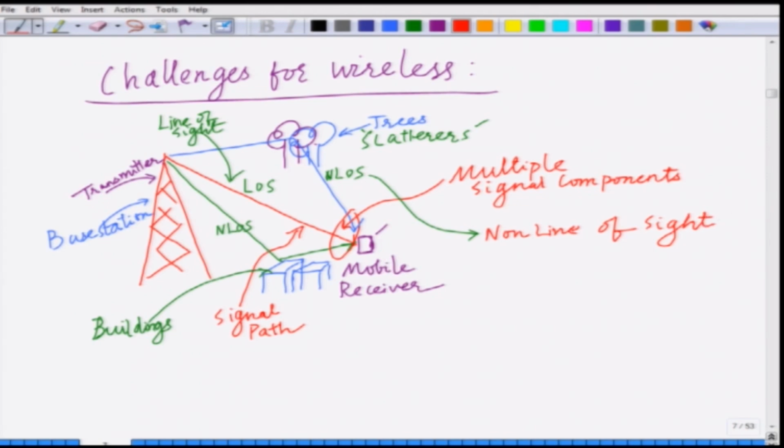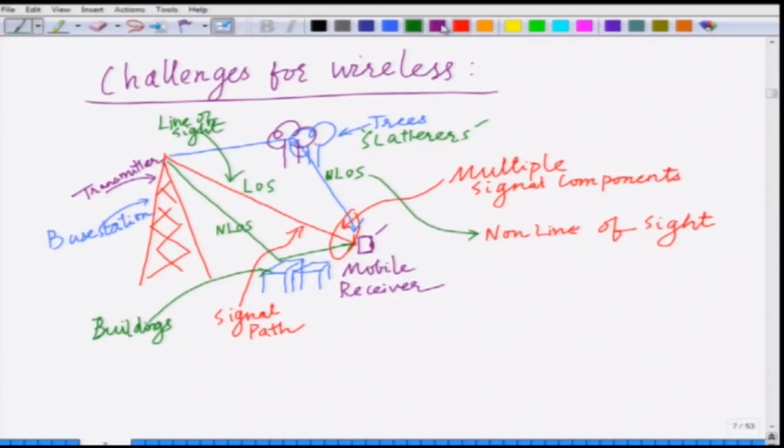So we have a wireless propagation environment in which there is a line of sight path between the transmitter and receiver, and also multiple non-line of sight components, and together we have multiple signal components at the receiver, and therefore this is also known as a multipath propagation environment. The fundamental aspect of the wireless communication environment is that it is a multipath propagation environment.